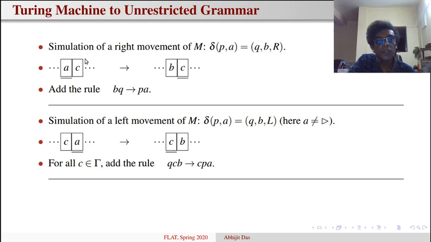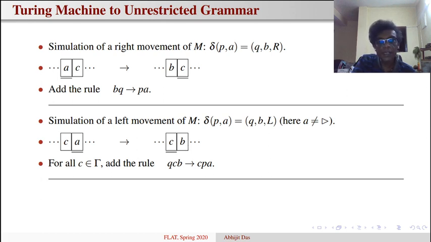Here the C actually does not come in the picture. It can be C, but it doesn't matter. Here C can be arbitrary, and since it's a left movement, it's obvious that this A cannot be the left end marker. Okay. So, whatever C it is, if I add this rule, QCB can be CPA, then the left movement of M is simulated irrespective of whatever C is. Okay.